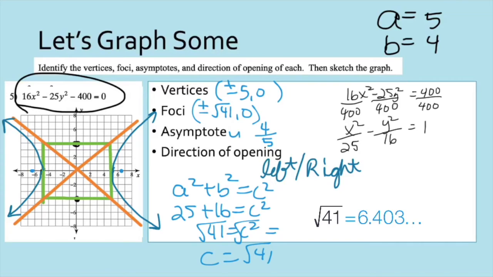We always have y equals plus or minus, and we always have an x at the end. We could have also found that with the equation on our note sheets, but we can also do our little triangle right here. The rise over the run, the rise here is 4, and the run there is 5. That's how we got the 4 over the 5. We have found everything we're supposed to. Let's move on to something else.